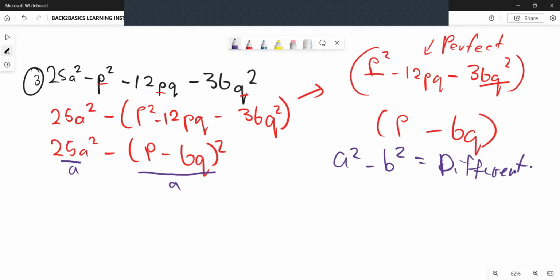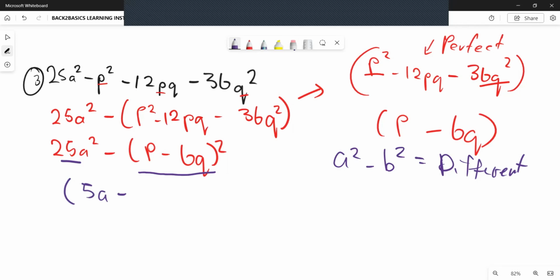Since those are your difference of two squares, what is it that you can do here? So now you're going to say, what is going to be 25a squared? It's the same as 5a.